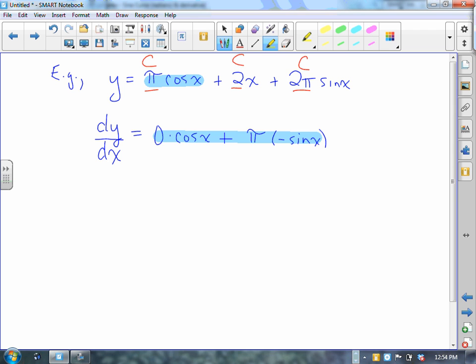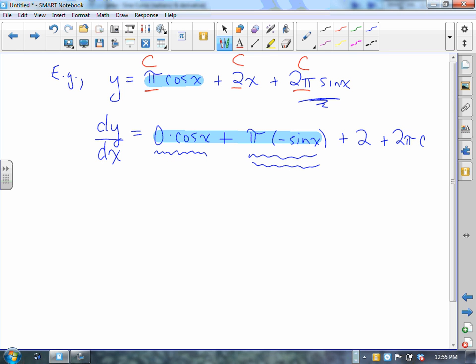The derivative of 2x is plus 2, and for the final term, we can apply the same reasoning and eliminate the worry of using the product rule. So we're going to end up with plus 2 pi times the derivative of sine x, which is the cosine of x.